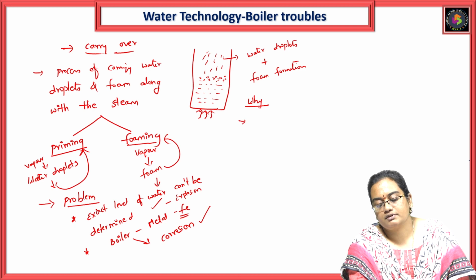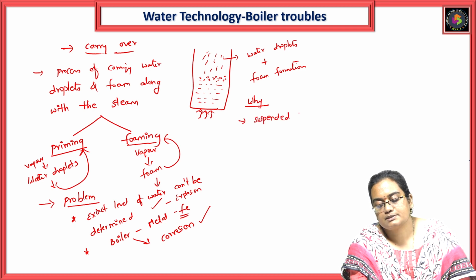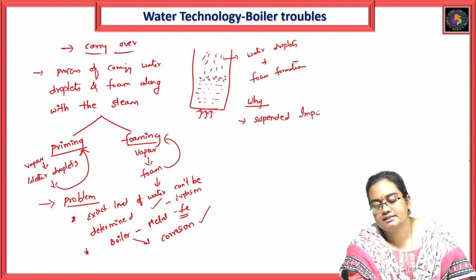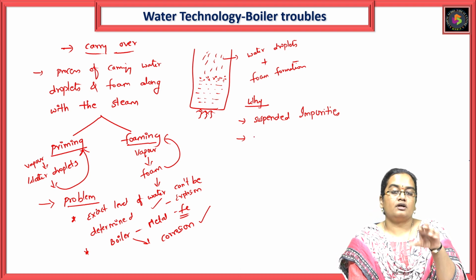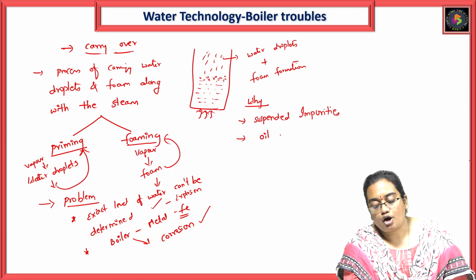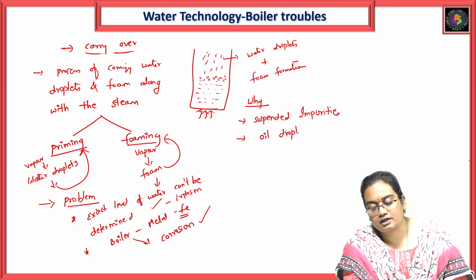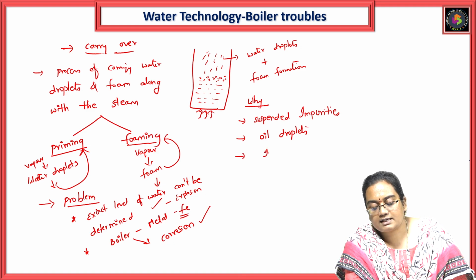It is because of the suspended impurities. That means either it may be plant waste or animal waste or anything else which are floating on the water. That is your suspended impurities. And the next one is oil droplets, and irregular velocity in heating.